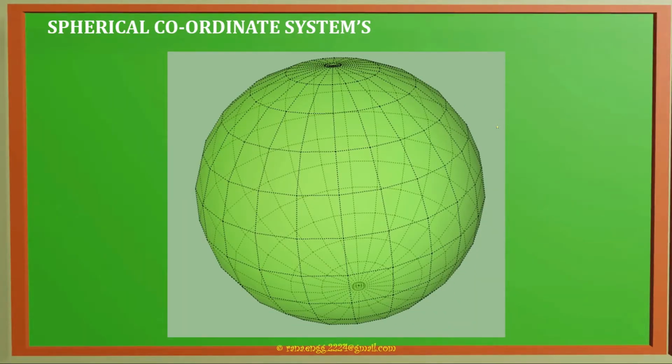Spherical coordinate system is very simple in looks. It is a simple shape like an earth. Now what is our work? Our work is to identify given point P in space. Suppose this is a point. If there is a point charge and if you extend this point charge, which shape we will get?